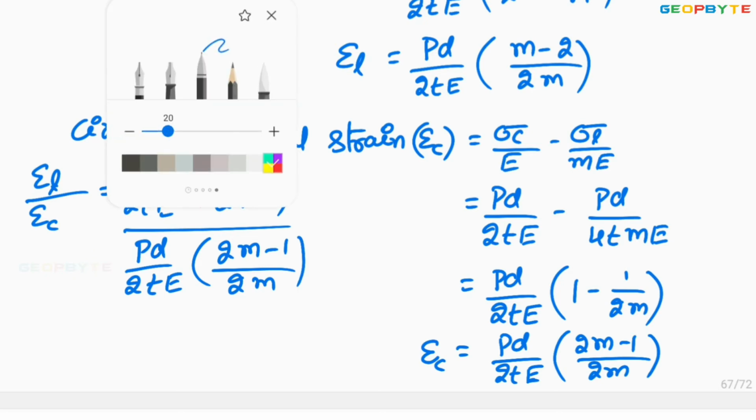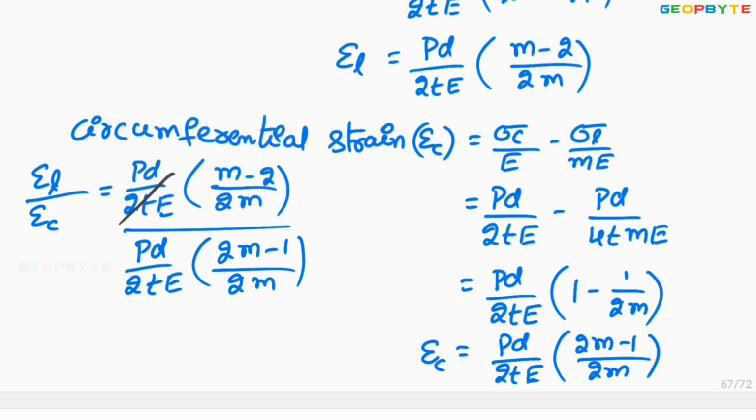PD by 2TE is cancelled. Of course 2m also cancelled. Finally it is m minus 2 by 2m minus 1. So this is the ratio between the longitudinal strain and hoop strain, m minus 2 by 2m minus 1.